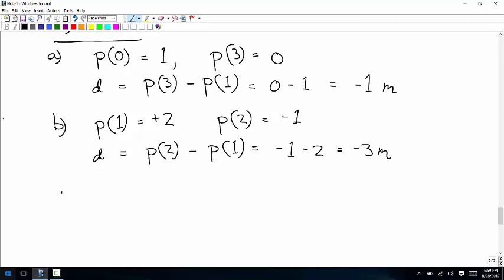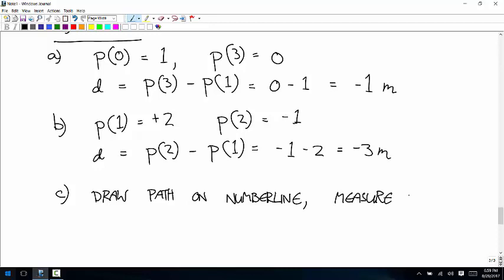Okay, so now we're going to calculate the distance. And for the total distance, I think the easiest thing to do is to draw the path on a number line, then just measure the lengths of the legs, and then add those up.